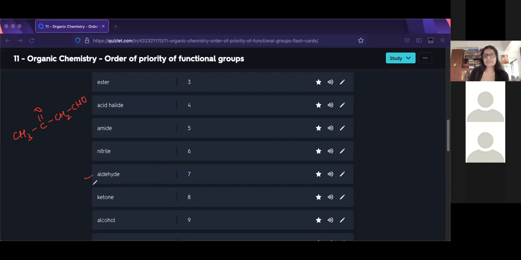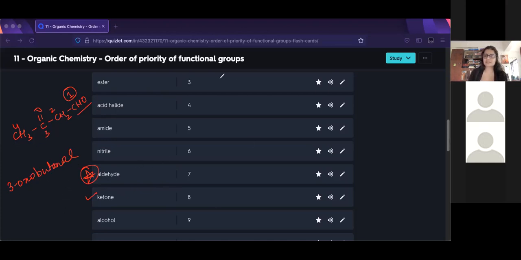Aldehyde is above ketone, so this will be the more important functional group. So your ending will be in -al, and you'll start counting the chain from the aldehyde. So aldehyde will always get 1. Then this will be 2, 3, 4. So its name will be again 3-oxo, and since it has 4 carbon atoms, butanal. So that's how you construct the name.